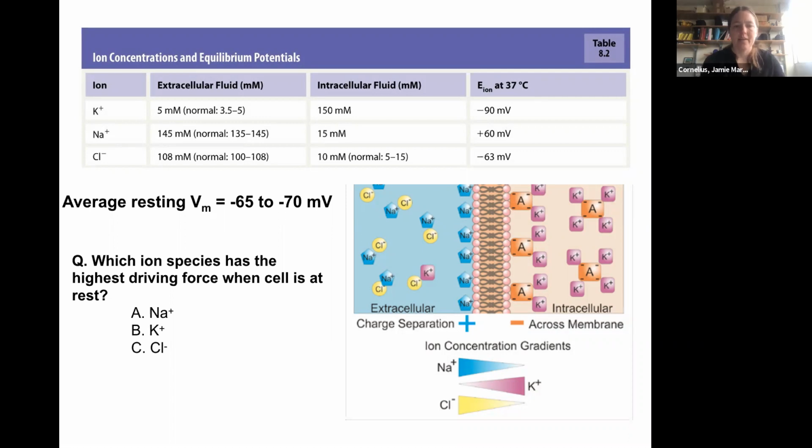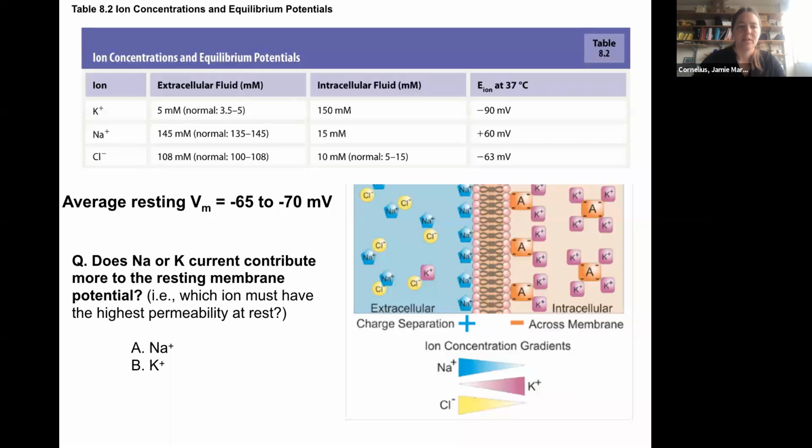So again, a few questions to drive it home. Which ion species has the highest driving force when the cell's at rest? Pause for a moment. Okay, that should be sodium. Again, you're furthest from its equilibrium potential when you're at rest, so sodium has the highest driving force to move.